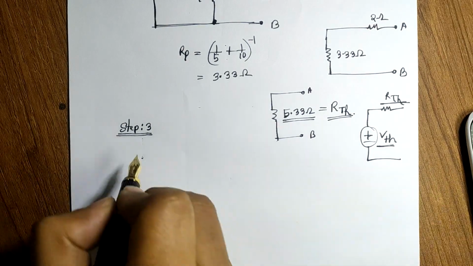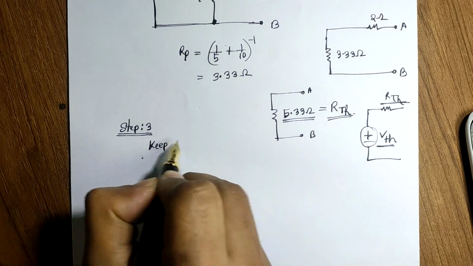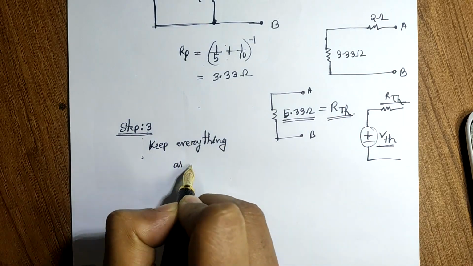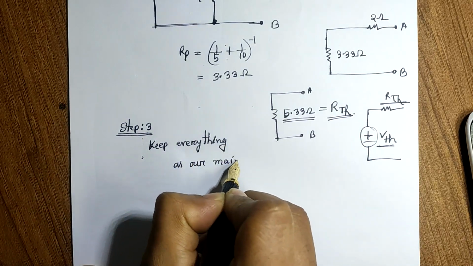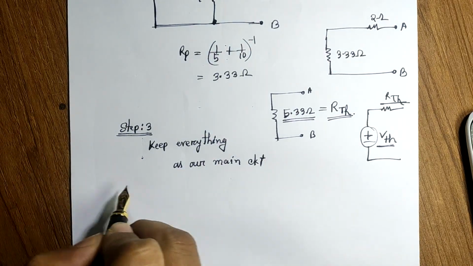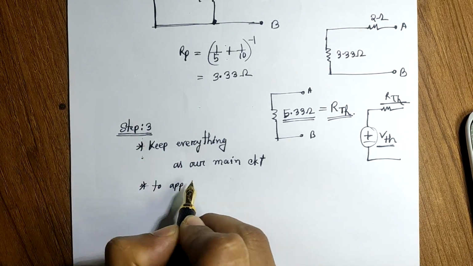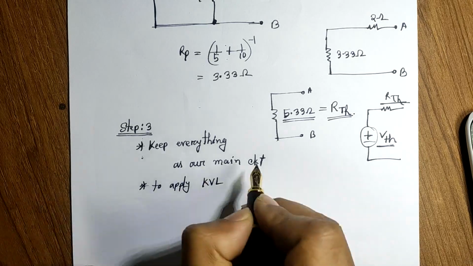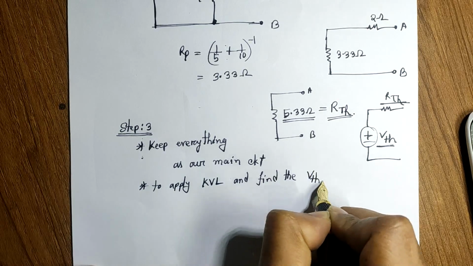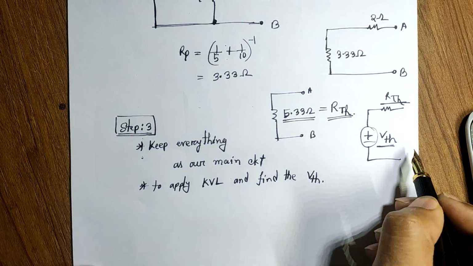Okay, so in step number 3 we will actually keep everything as our main circuit, and my favorite way is to apply KVL and find the VTH.